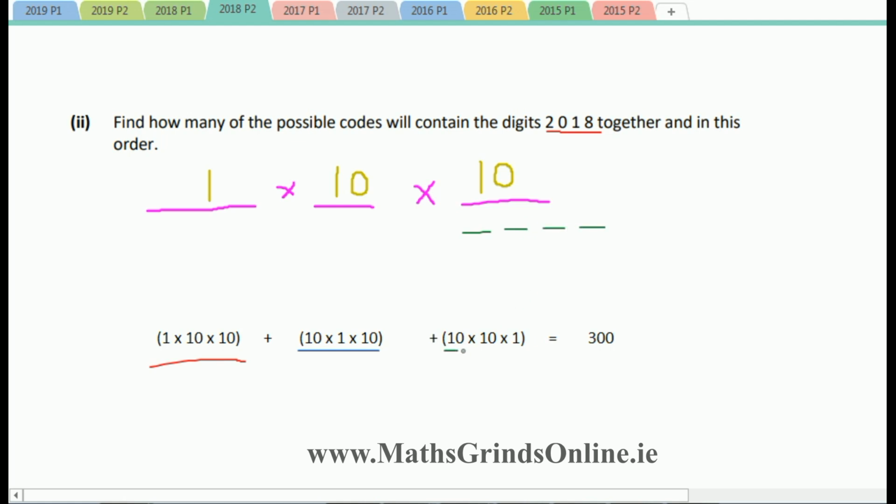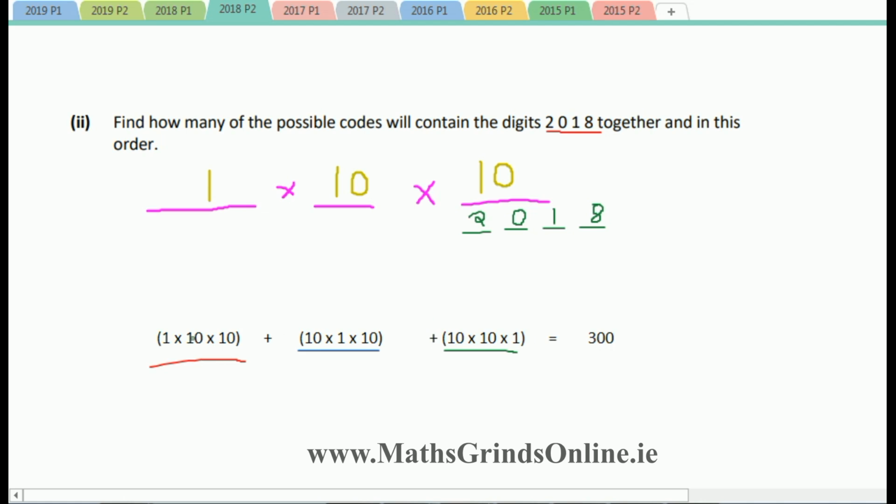So effectively it's 10 times 10 times 1. If you want, you can say it's times 1 times 1 times 1 times 1, because this has to be a 2, only one option. This has to be a 0, only one option. That has to be a 1, only one option. And that has to be 8, so only one option.